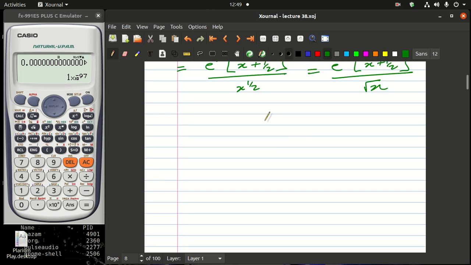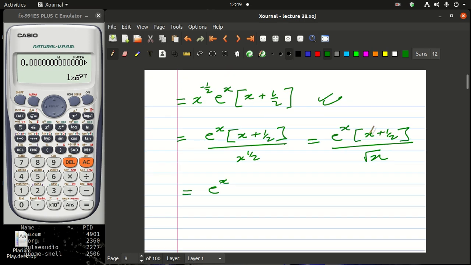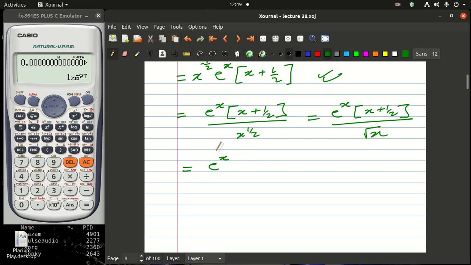And if you like, you can still proceed and say actually this is e to the power x, and you wanted the common denominator here, and you know that x is the same as 2x divided by 2, and then plus 1 over 2, and then you divide this by square root x.